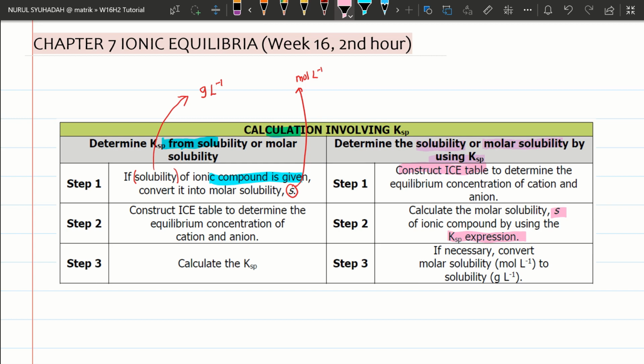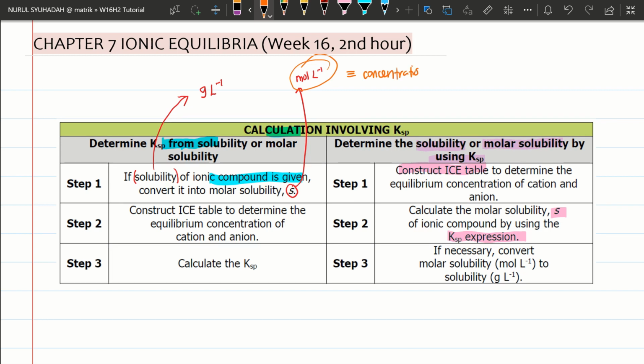So, like I said earlier, kita akan buat ice table. Dalam ice table, kita akan pakai concentration. Concentration refer kepada molar solubility. Sebab apa tadi? Ingat balik apa unit molar solubility? This one, mol per liter, which is sama dengan unit concentration.